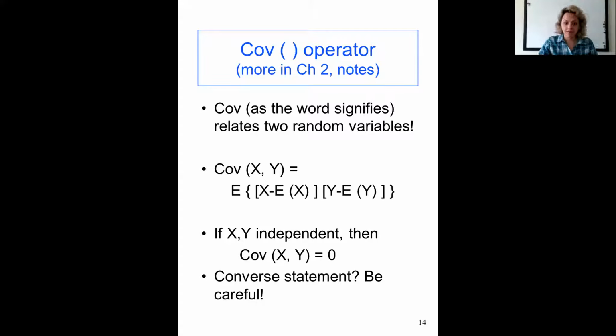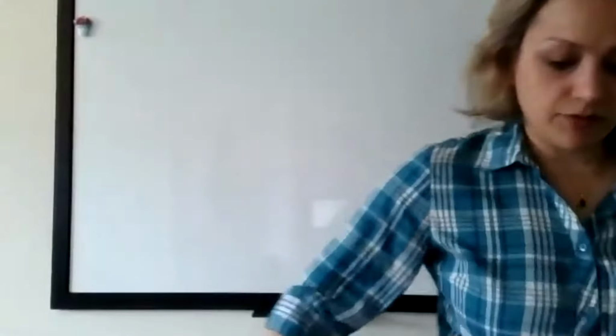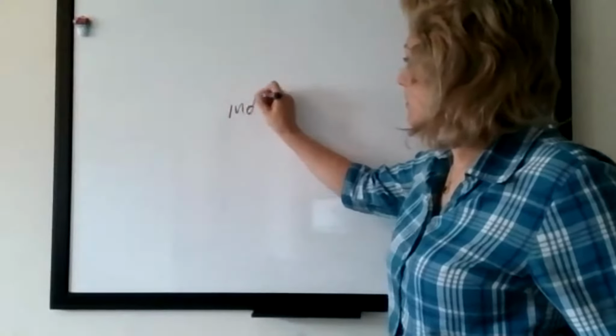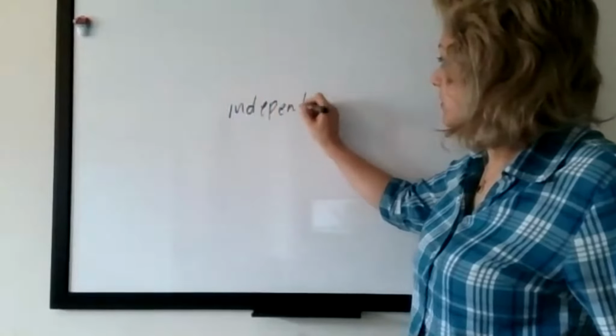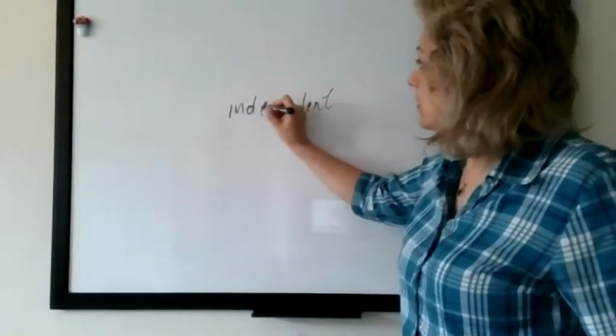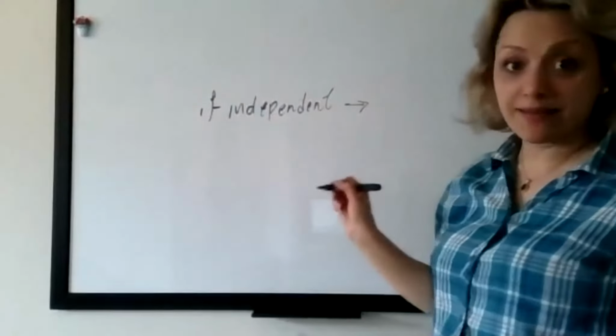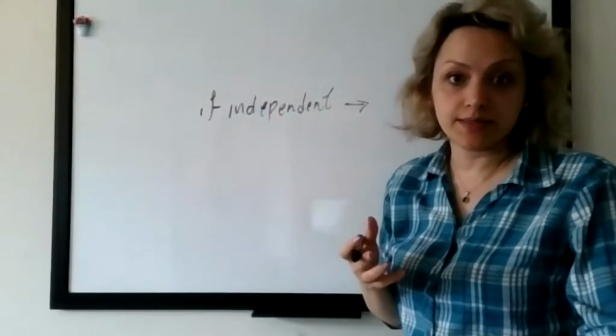We can write it down like this. Let me just stop sharing. We said that if they are independent, their covariance is going to be 0.